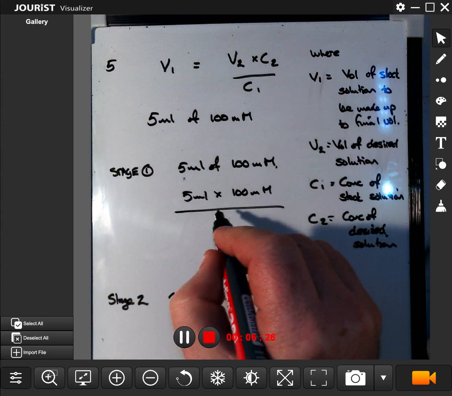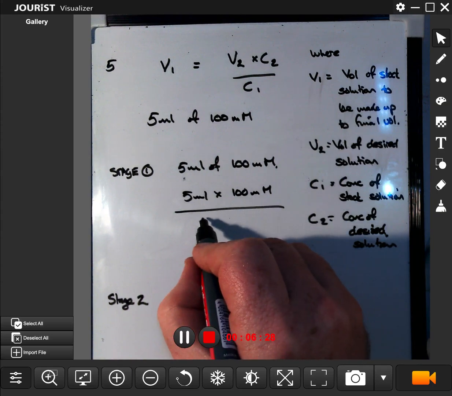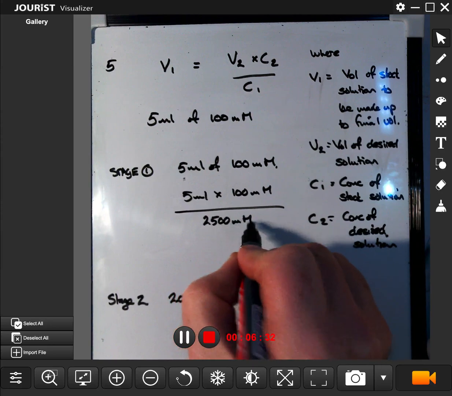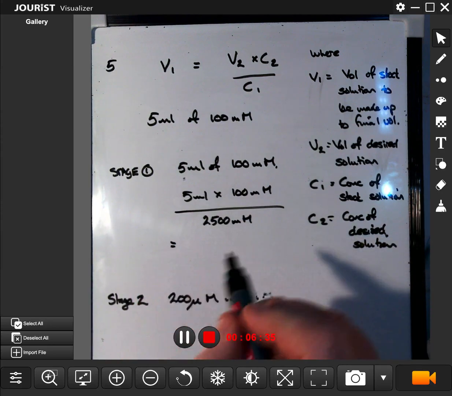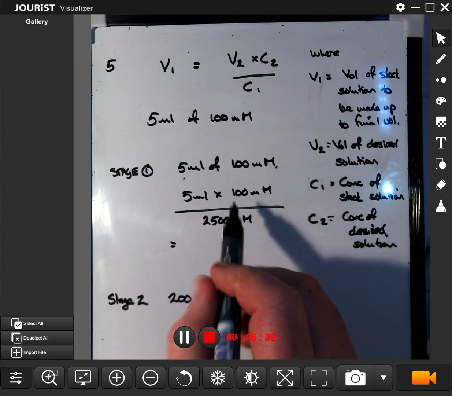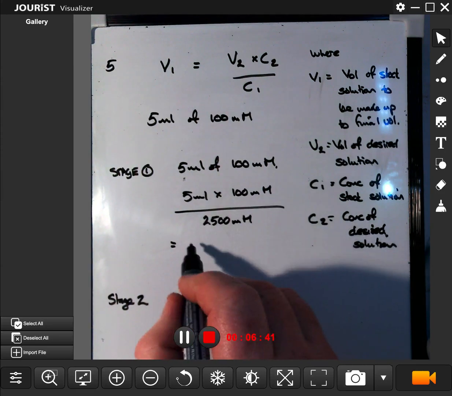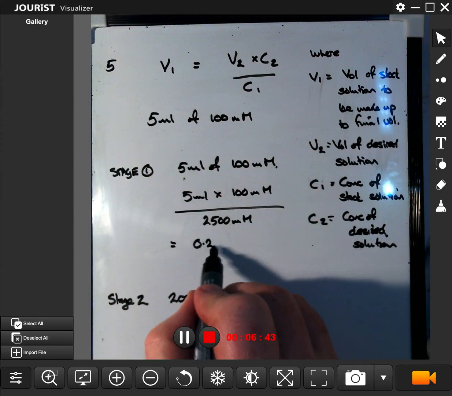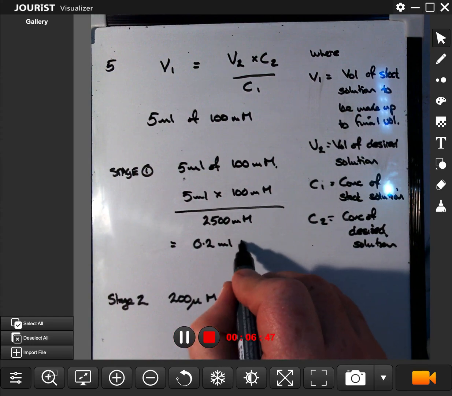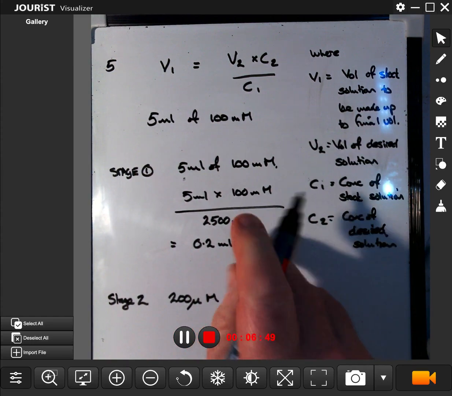Right, stage two. Stage two is when we're going to take this sum and recalculate it. We're just going to start off with the same thing again: V1 equals V2 times C2 over C1.